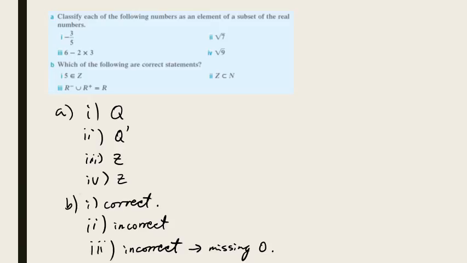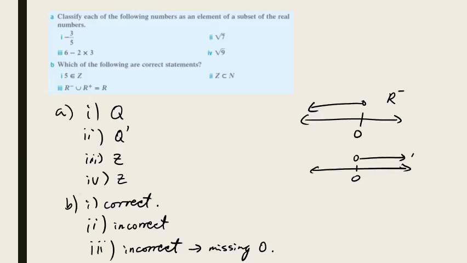R negative means you have 0 here. We're not including 0. So this is R negative. If it's R positive, we have the same thing, but going the other way. You can see that it doesn't include 0 at any point.